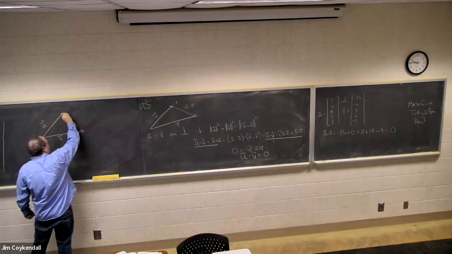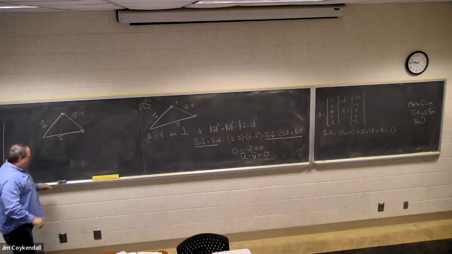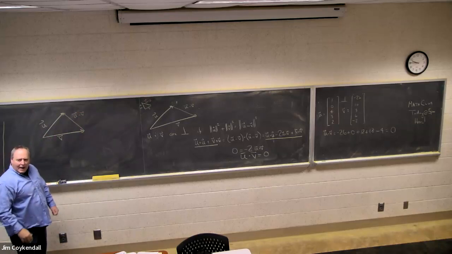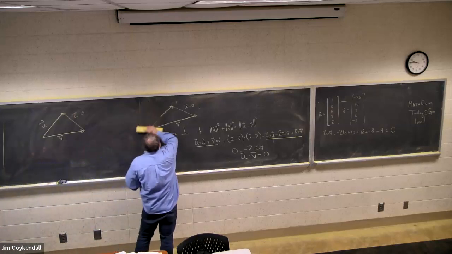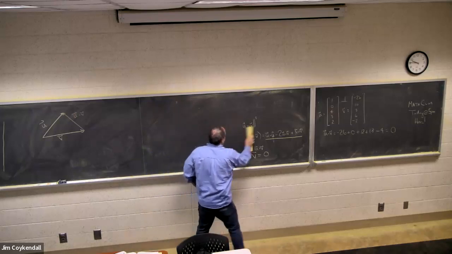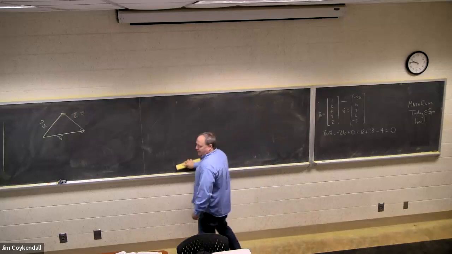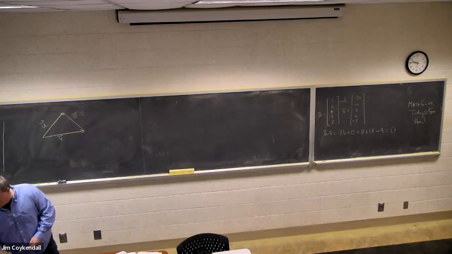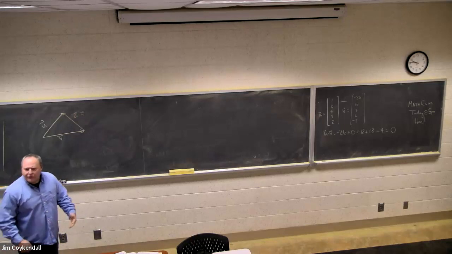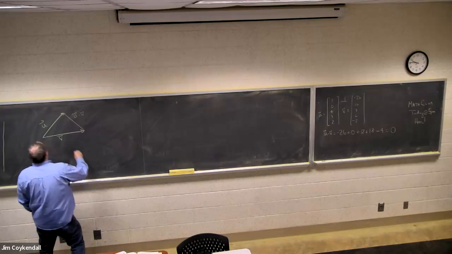I'm going to give you something more general than this theorem about the dot product, this thing about the dot products being 0. So let's go a step further. If the two vectors are not at right angles, we can actually go further and measure the angle between them in the following sense.